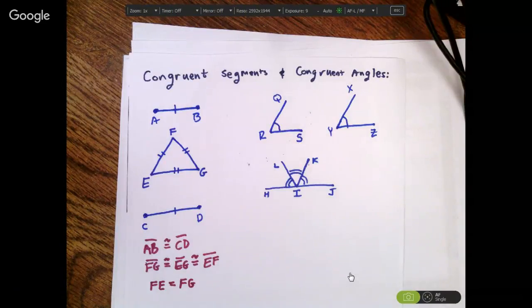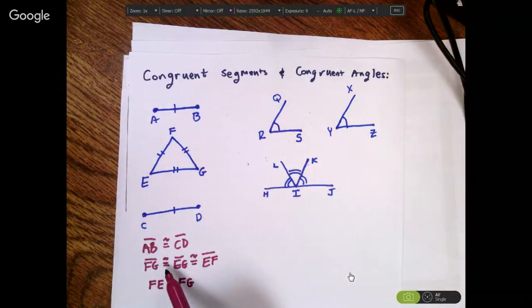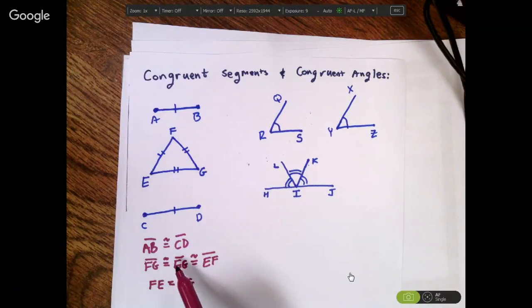That's exactly right. Their number values are the same. So congruent means that their parts are exactly the same. Notice I said this segment's the same as that segment. So if I cut that segment out and put them next to each other, they're exactly the same. So that's congruent. This means their number value.